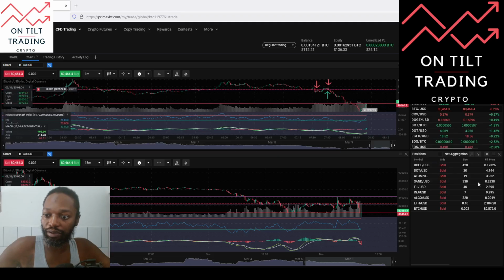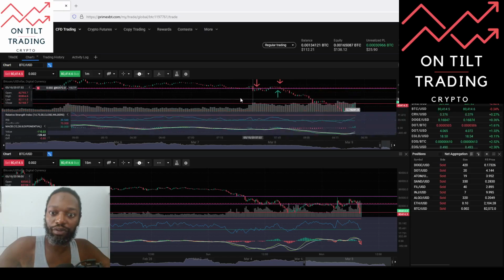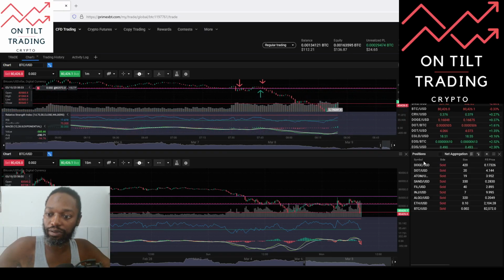Probably this price level right here will likely determine whether this is pullback or a reversal. We're coming back to R3 instead of going to S3.